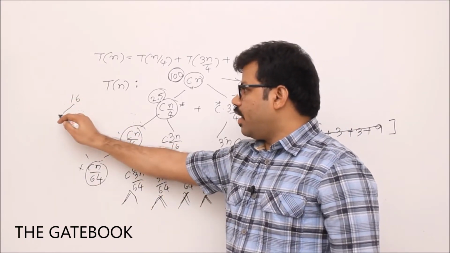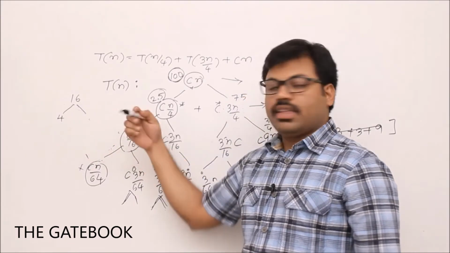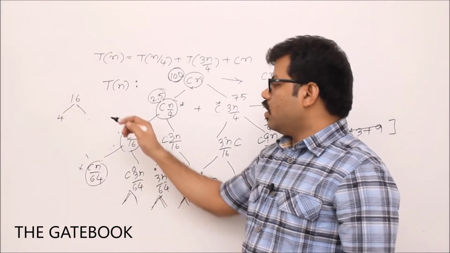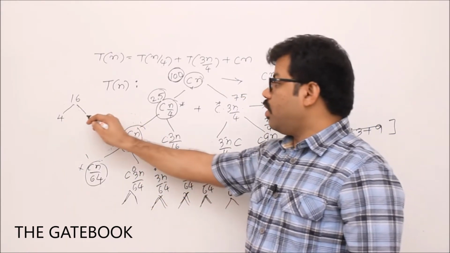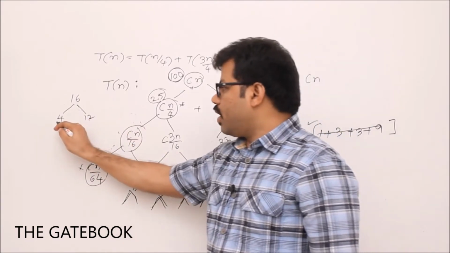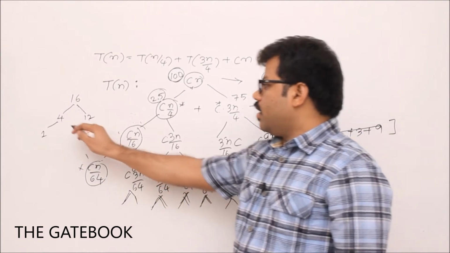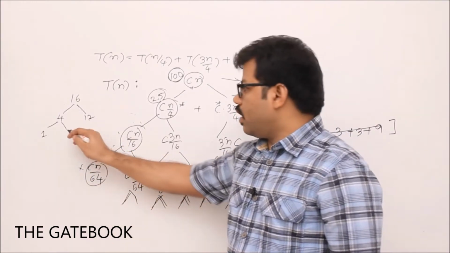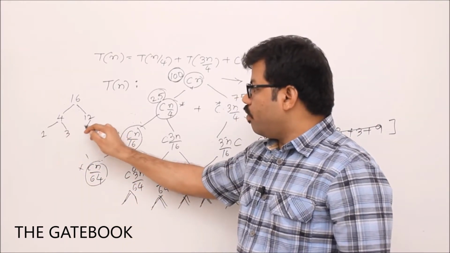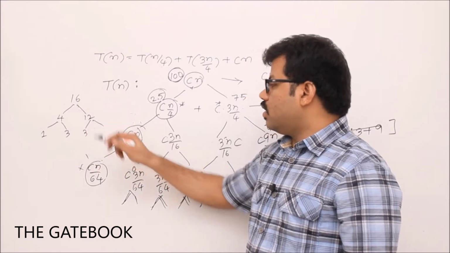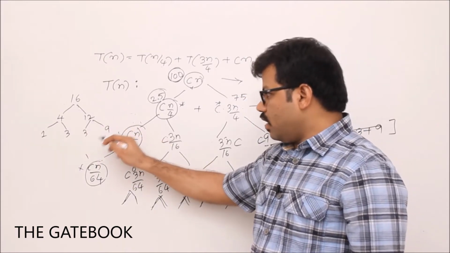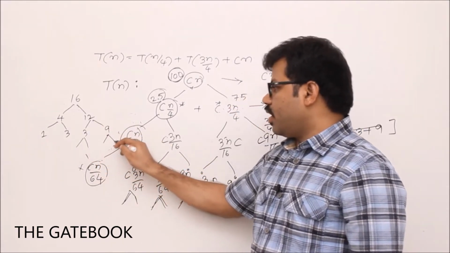The 16 problem will be divided into n by 4 and 3n by 4. What is 3n by 4? 3 by 4th of 16, which is nothing but 12. Then 4 will become 1, so it will reach the base case and terminate. On this side, 12 by 4 is 3, and 3 by 4th of 12 is 9. Still this tree will be expanded maybe, correct?